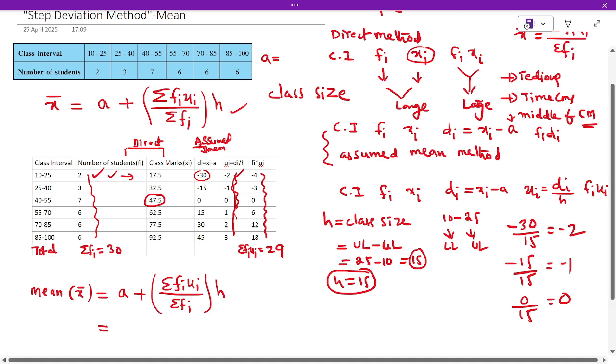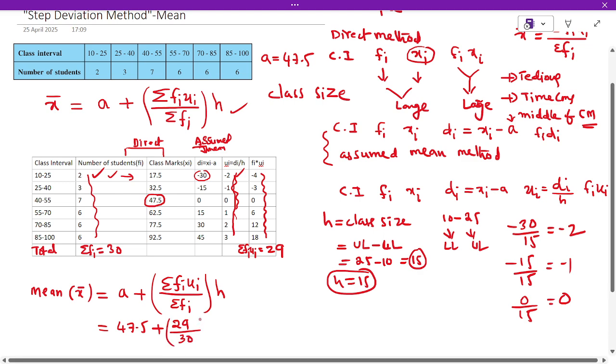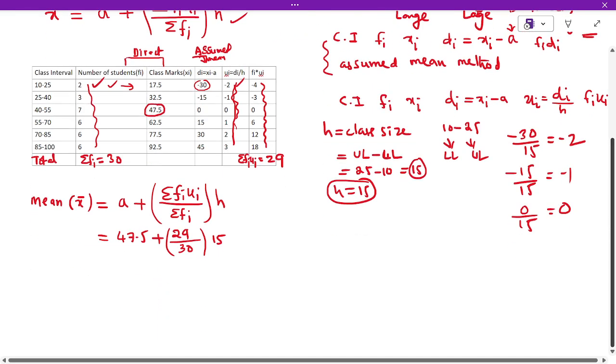So a is how much here? 47.5, right? 47.5 plus sigma fi ui, which is 29, divided by sigma fi, which is 30, and then multiplied by the class size, that is h, 15.